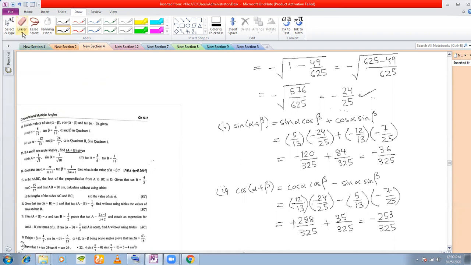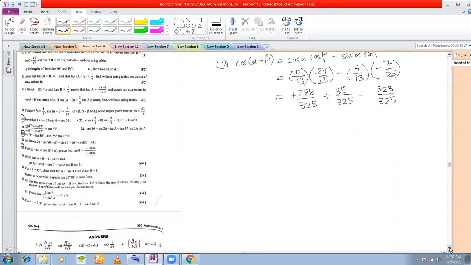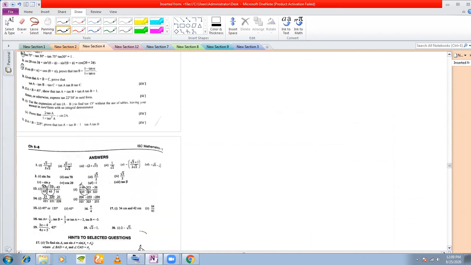So this becomes, both are addition. So this becomes 288 plus 35 becomes 323 by 325. And therefore, you see here 323 by 325.